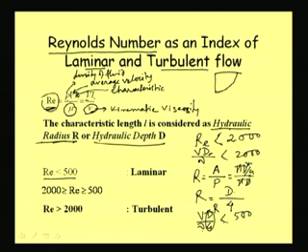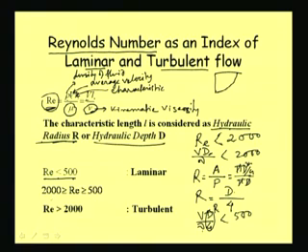So V R by nu is less than 500, and from this analytical concept also we can say that when the Reynolds number is less than 500 in case of open channel flow, the flow remains laminar. However, experimental study has shown that up to about 600 the flow remains laminar. Of course, it depends on other factors also, like viscosity, which will vary with temperature.